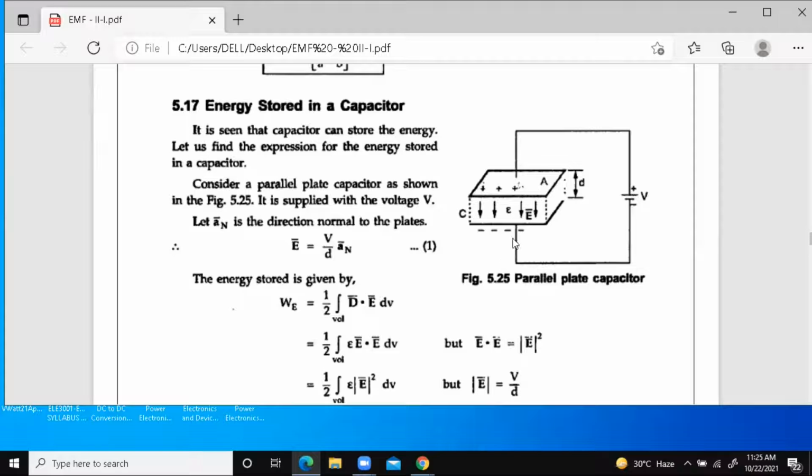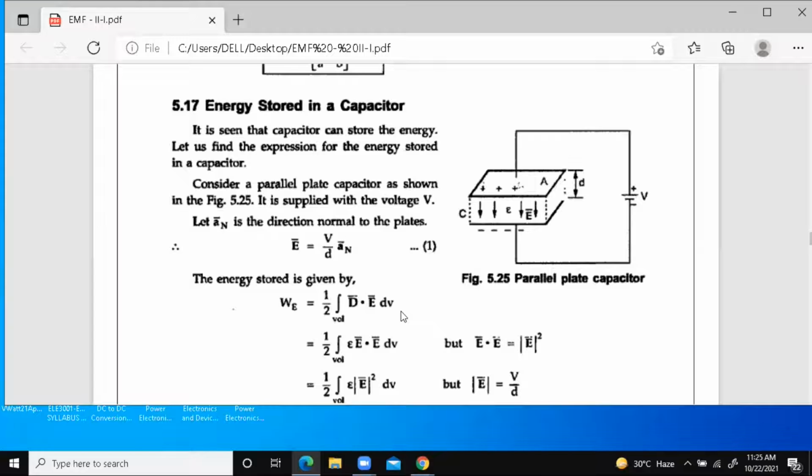So a_N will be your direction normal to the plate. E equals V over d, a_N. And the energy stored is given by this, which we went through.